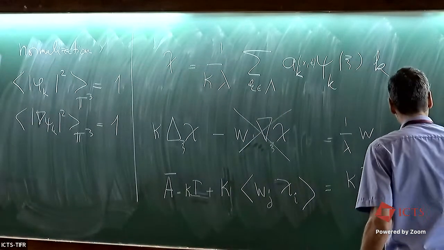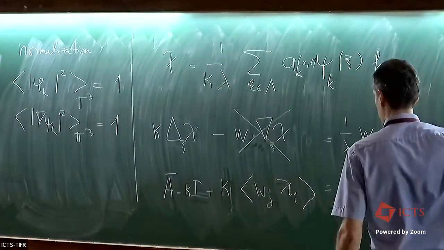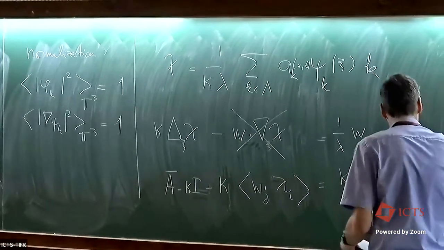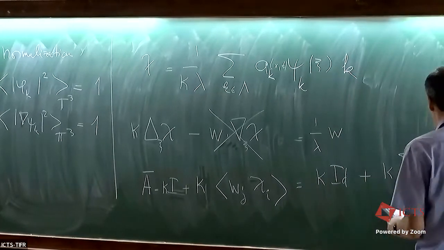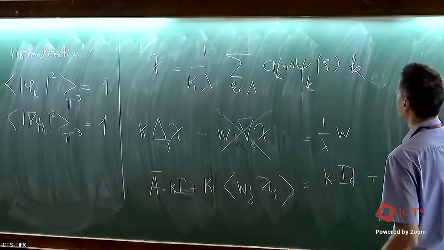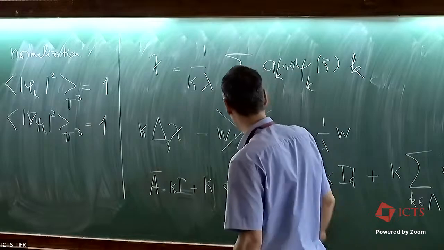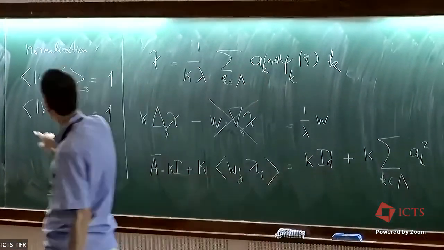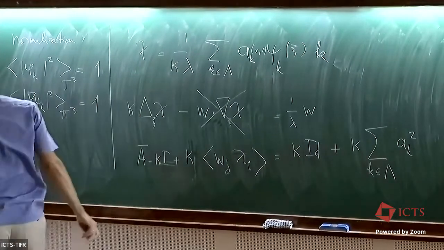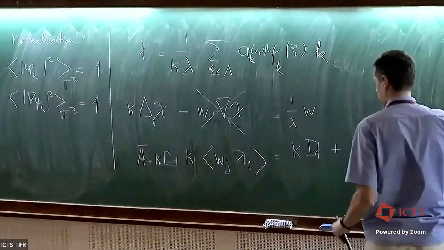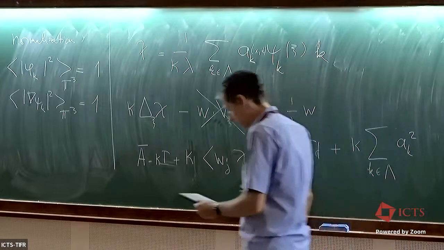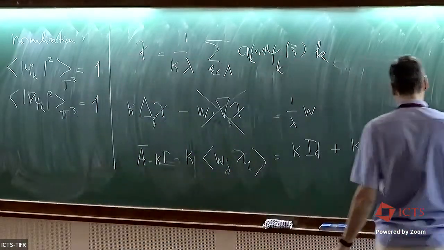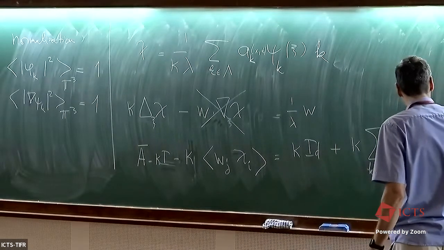So it's just a sum over k, not k and k prime, of a_k squared, and then it's the Laplacian, so it's psi times phi, which is the same as, maybe there was a minus in the formula, because there should be another minus coming from integrating by parts. So it's going to be this.